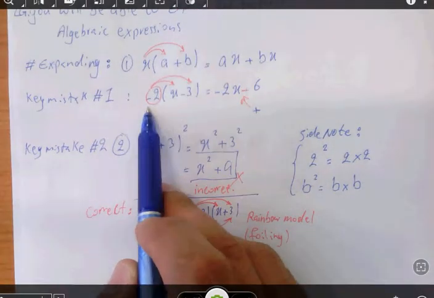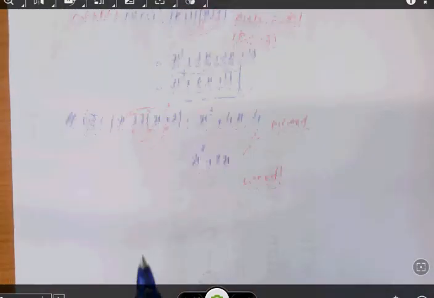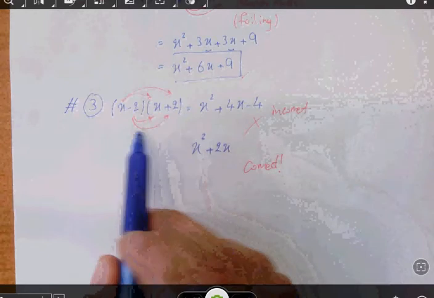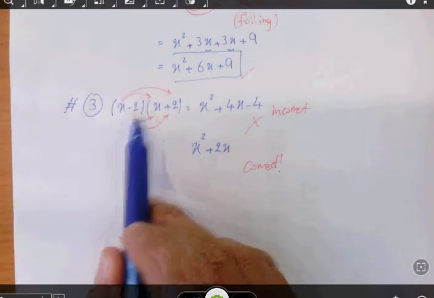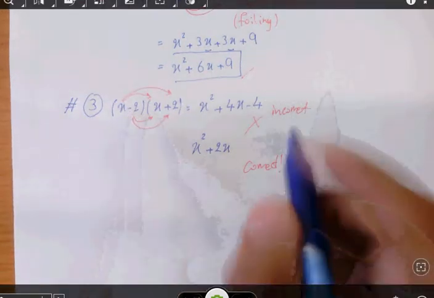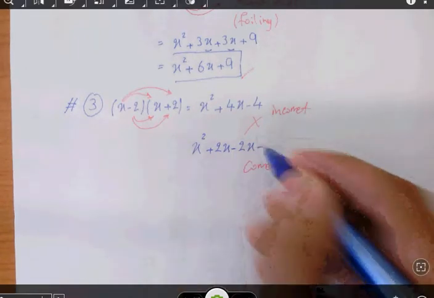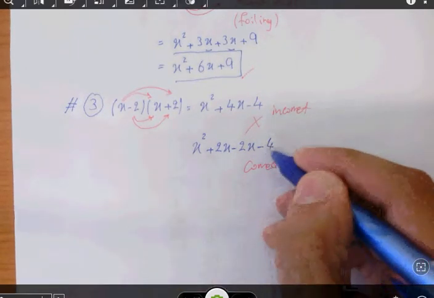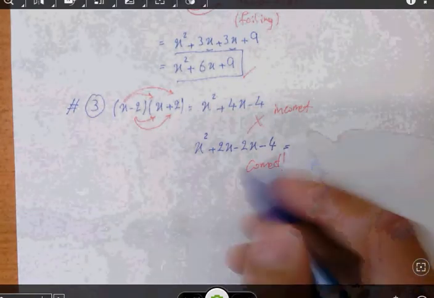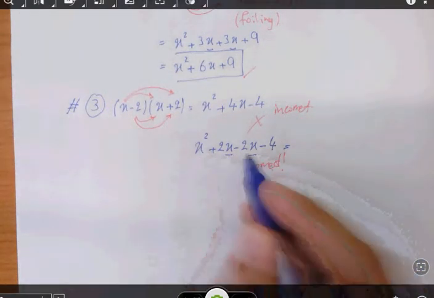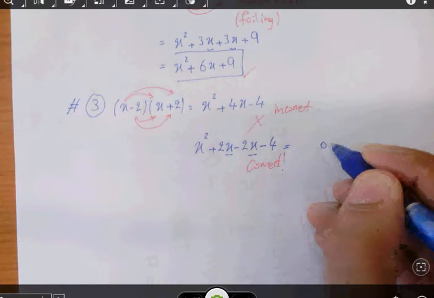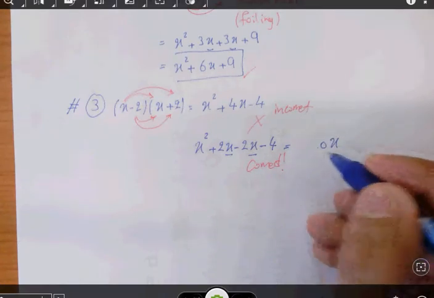So I go back to this. Right here, what I have is now I need to move the whole negative 2 inside this bracket. So I got negative 2 times x is actually negative 2x. And after that is a negative 4. So which one was wrong? Because if I collect like terms here, which is x and x, 2 minus 2 is 0. 0x. I have no x's left.